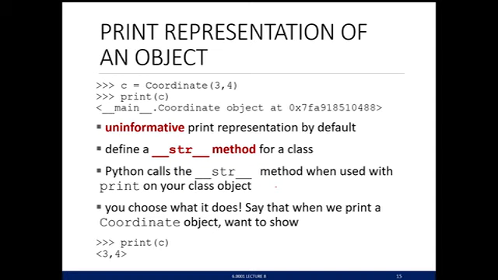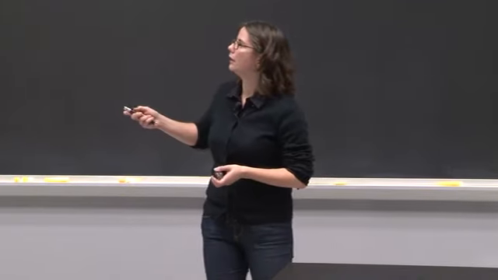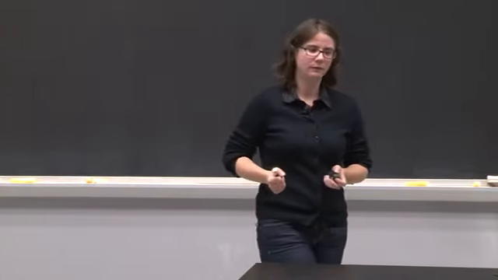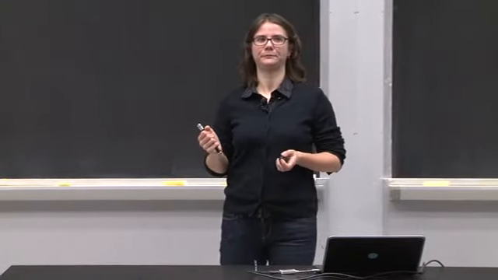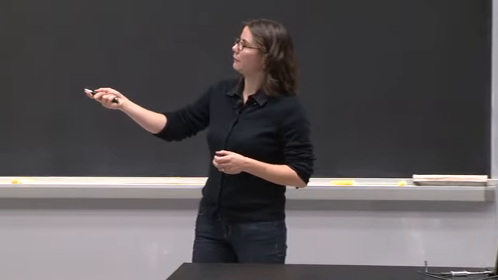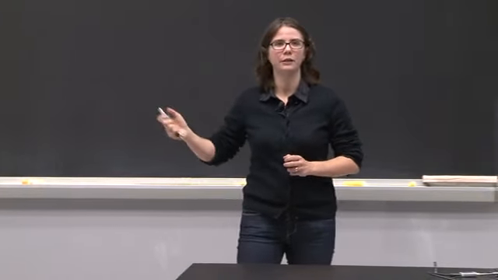By default, when you create your own type and print an object of that type, Python tells you this sort of information, which is not what you want. So what you need to do is define your own method that tells Python what to do when you call print on an object of this type. This is going to be a special method, just like init is, because it starts and ends with double underscores. The name of the method is __str__.